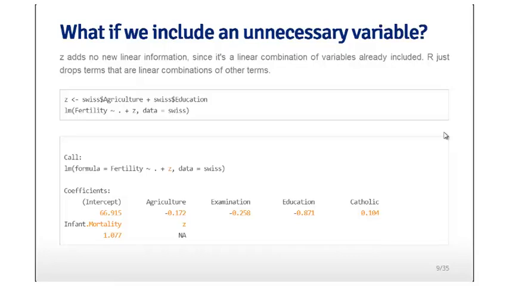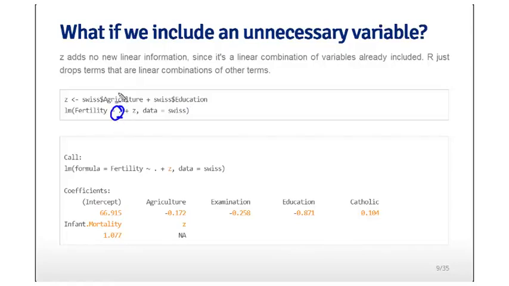So let me show another little fact so you know why these things pop up. What if I include not just an unnecessary variable, but a clearly unnecessary variable? The information from the variable agriculture is already, of course, contained in the model.